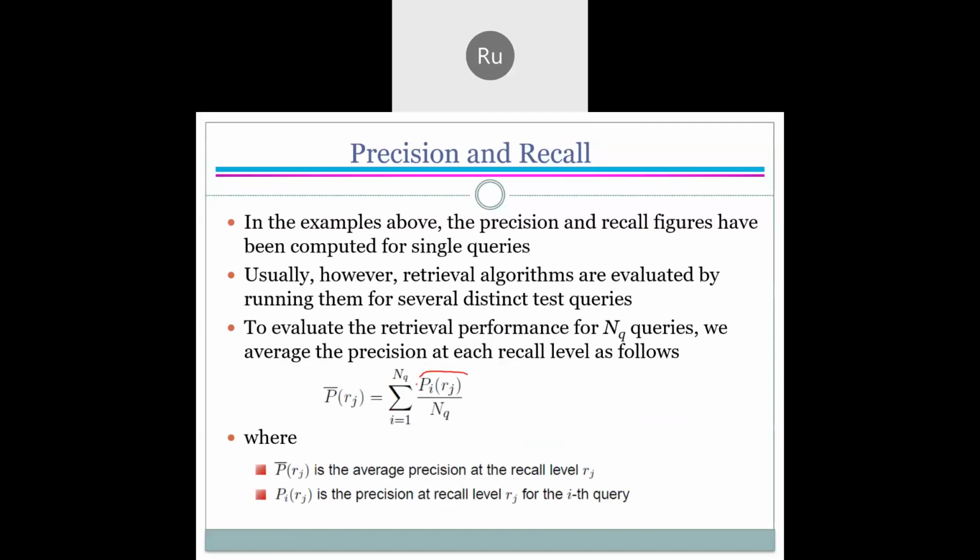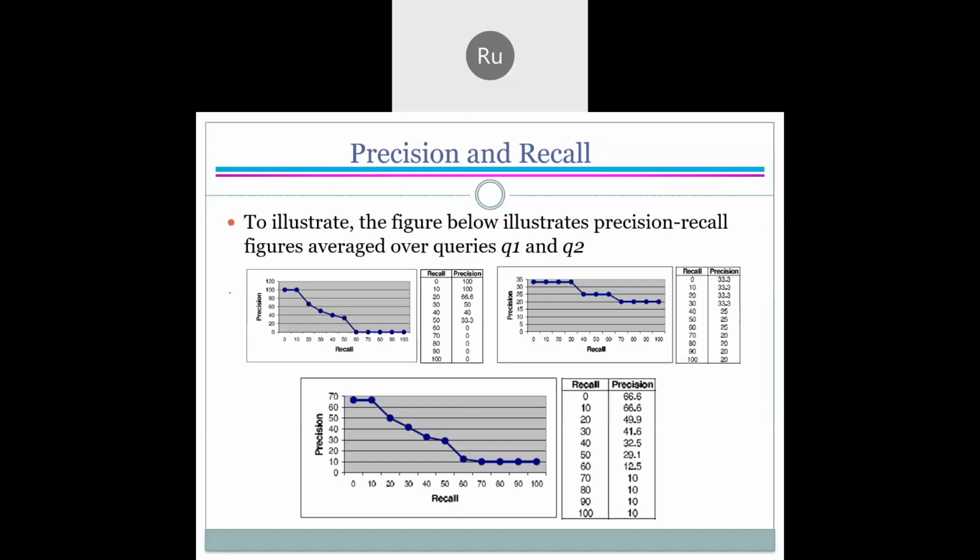So we are looking at the precision at certain recall, and then we take the average. If we have two queries, this is query 1, this is query 2, the overall performance will be: we take these values, add them together, and divide by 2, then you get the result.